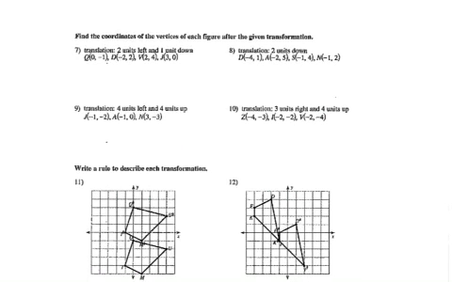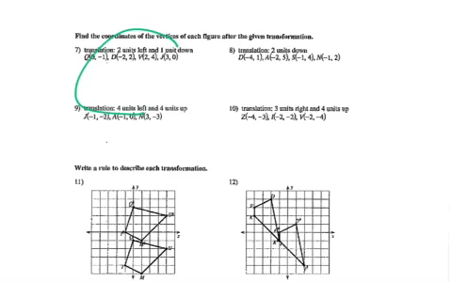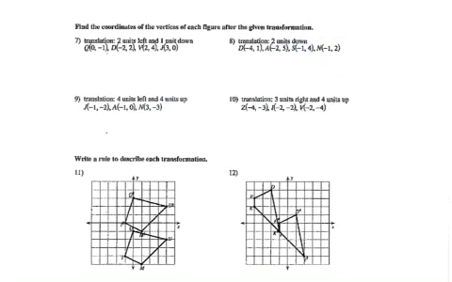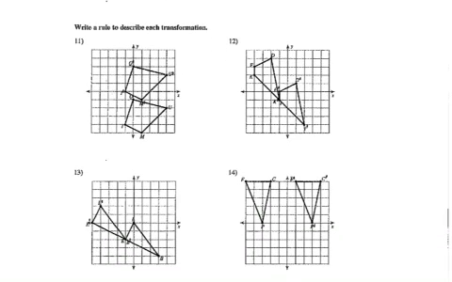And then you are going to find the new coordinates for 7 through 10. And it might help you to write the rule first and then find the new coordinates. And then for 11 through 14, all you have to do is write the rule. So is it x minus 6, y plus 5? I don't know, you tell me.